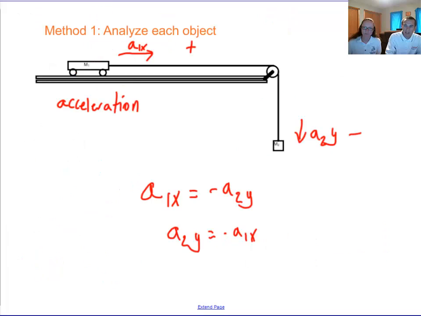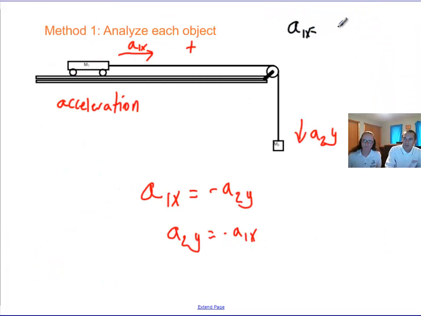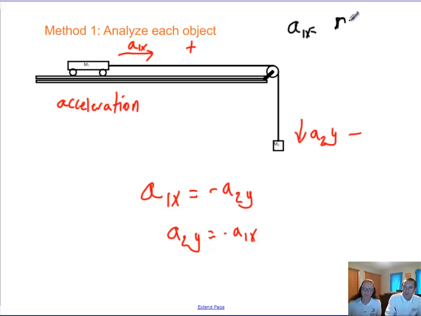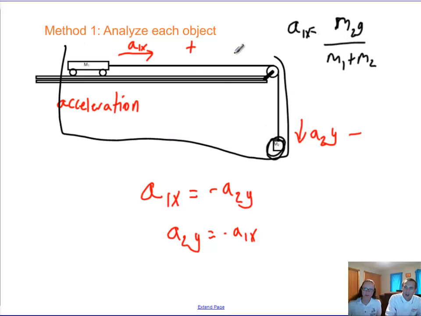Let's go all the way back to the first picture and see what we have. I have a1x equals m2g over m1 plus m2, right? All right, so a1x is acceleration. M1 plus M2, well, that's a mass. It's the mass of the system, all of that stuff.